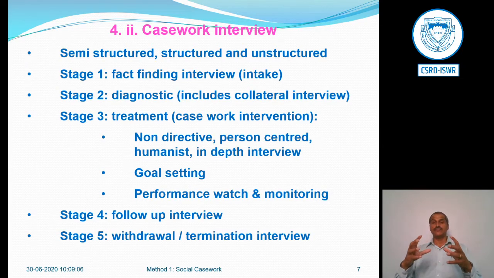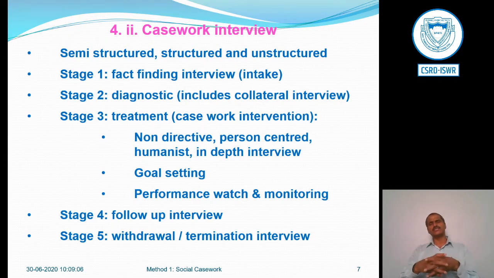Since persons are unique and their problems are unique, questions are also not in a fixed format. Questions are asked as per the previous question, as per the information given by the client. So it is an unstructured interview. All these 3 types of interviews are part of casework interview.